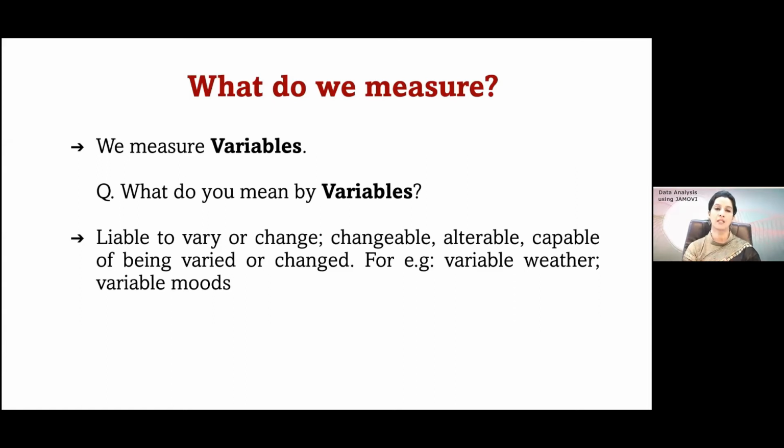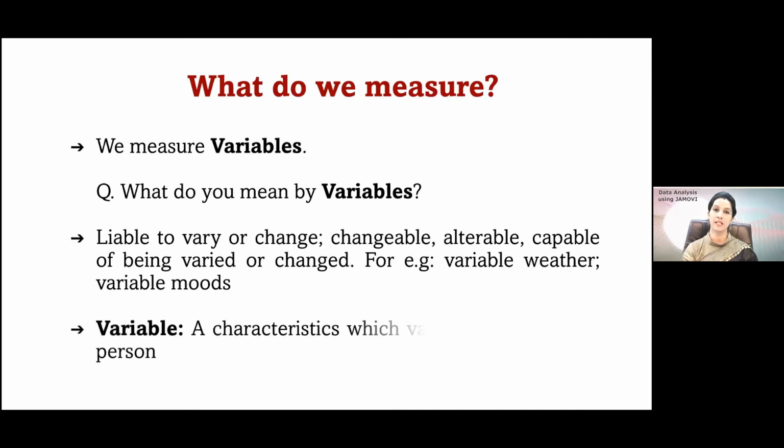All our biological and biometric profile, like anthropometric measurements, our weight, height, maybe creatinine level, are all liable to change, that's why we call them a variable. So anything which is changeable or alterable, we call it a variable.